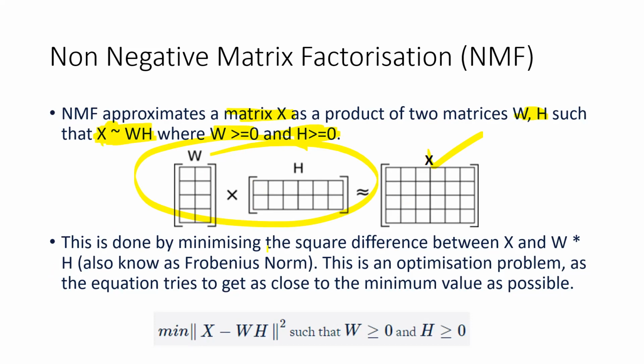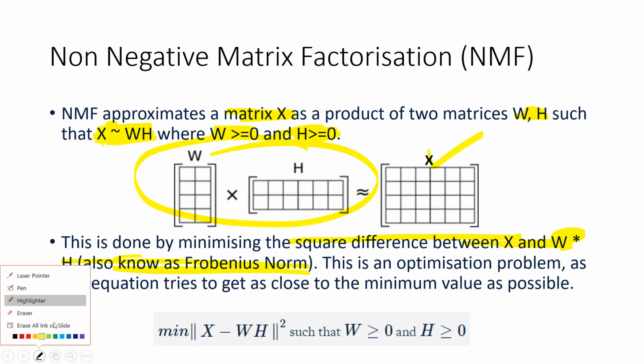This is done by minimizing the squared difference between X and W into H, also known as the Frobenius norm. This is the optimization problem, as the equation tries to get as close to the minimum value as possible.